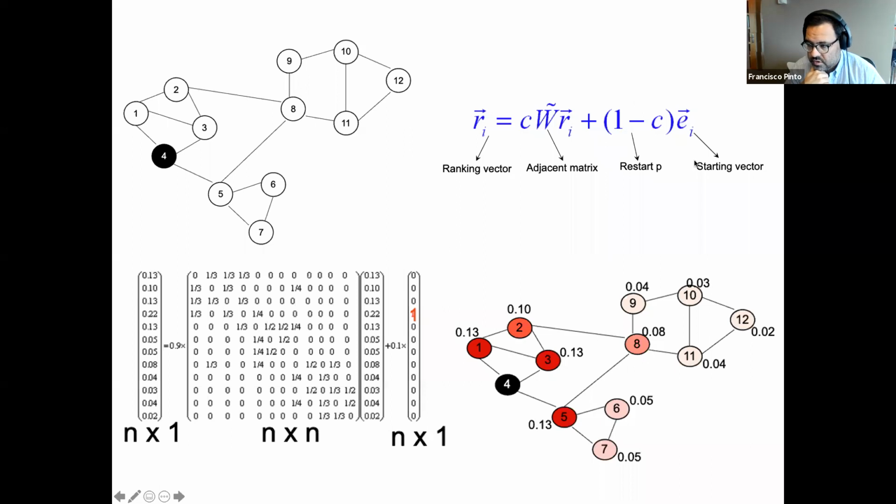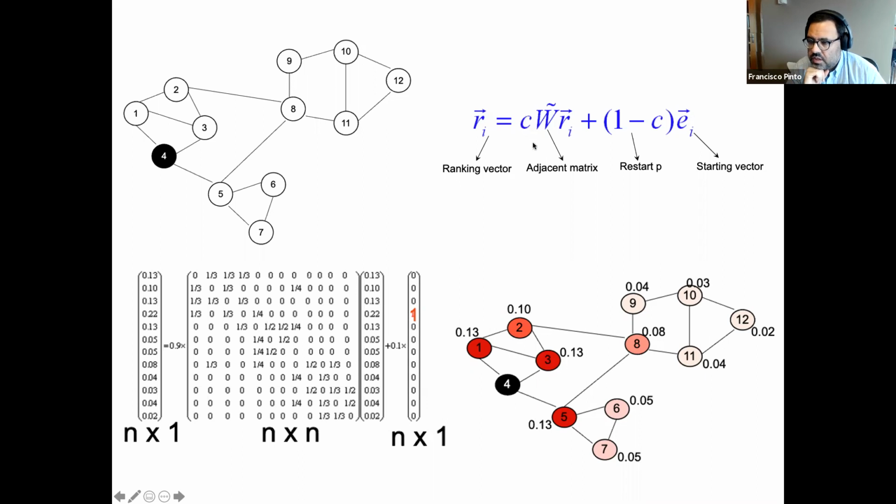Because if you don't have a lot of restart, it's almost like if the random walk was infinite. It's only infinite if C is 1. But if it's 0.99, you will get a ranking vector that is very similar. So it's highly correlated with the degree vector for all the nodes.